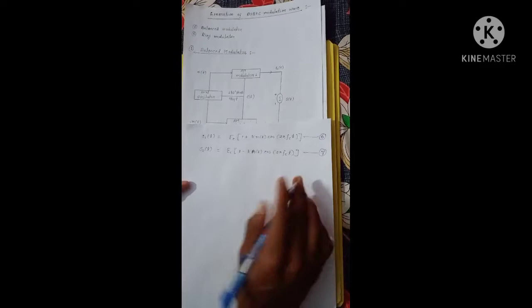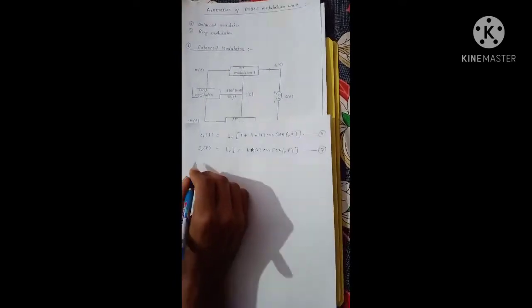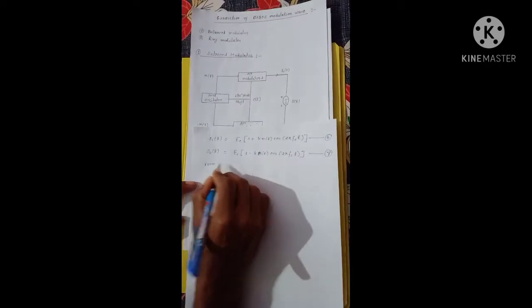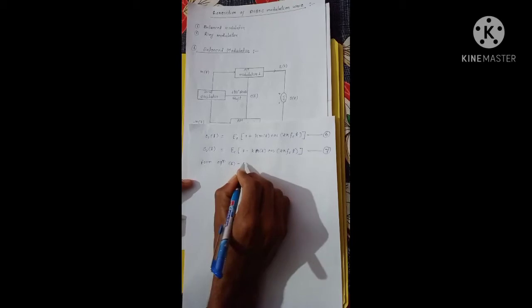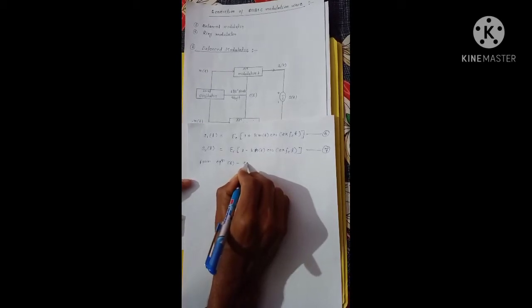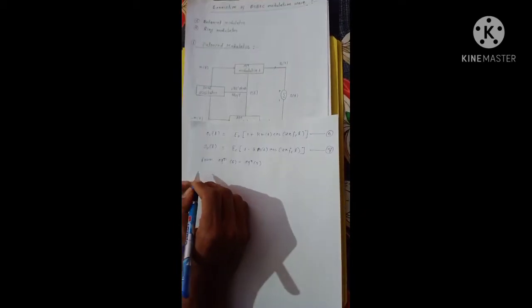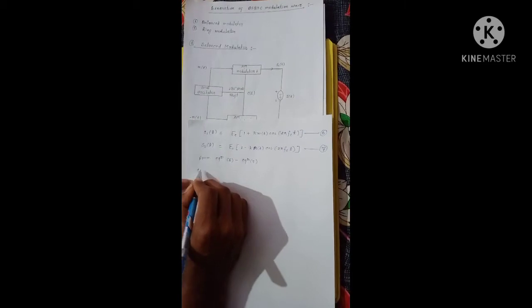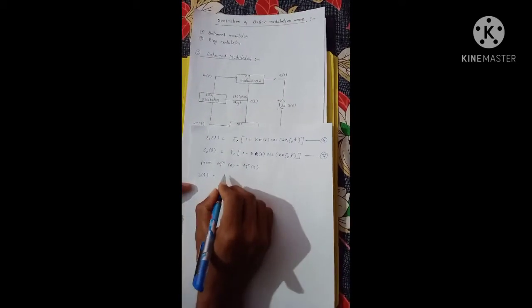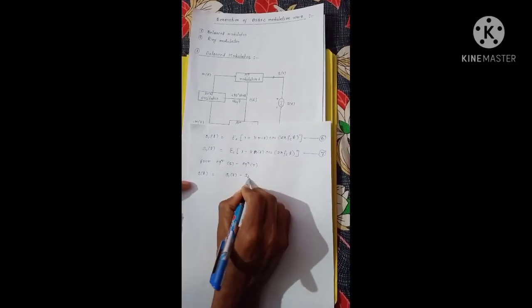From equation 6 minus equation 7, we will get the DSBSC modulated wave S(t) is equal to S1(t) minus S2(t).